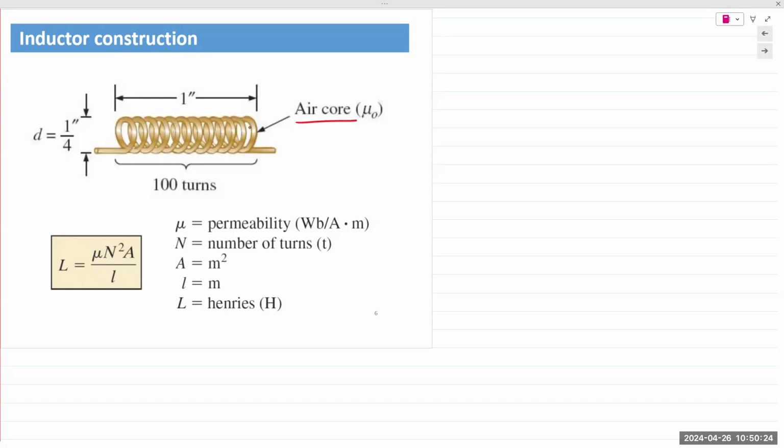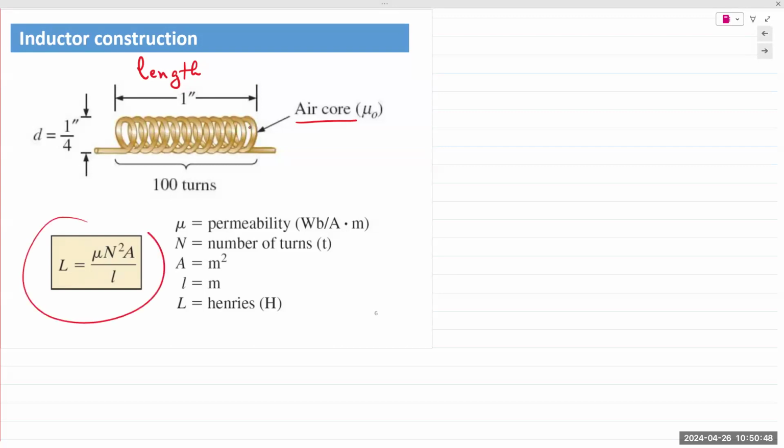The length of the coil is measured from end to end. So this lowercase l is the length of the inductor. Every loop is counted as a turn, and the number of turns is directly proportional to the inductor value.